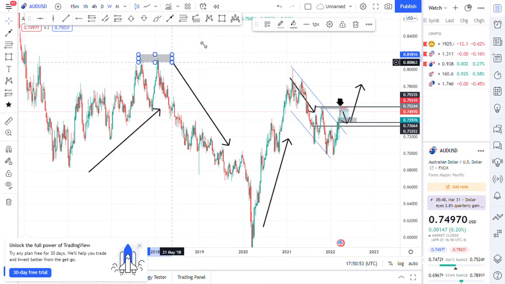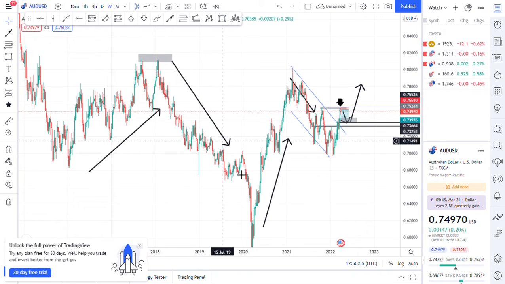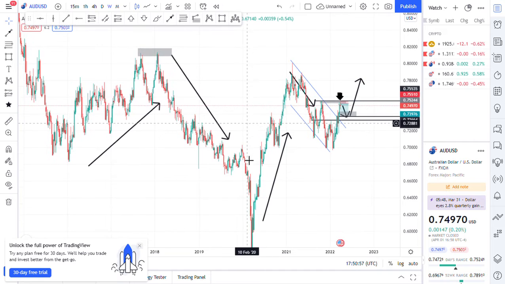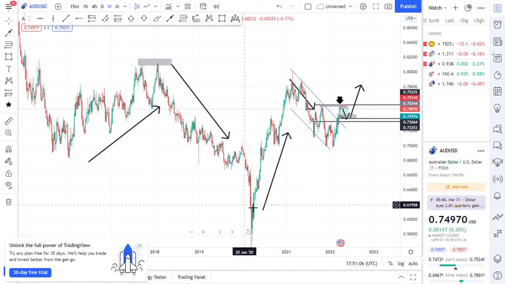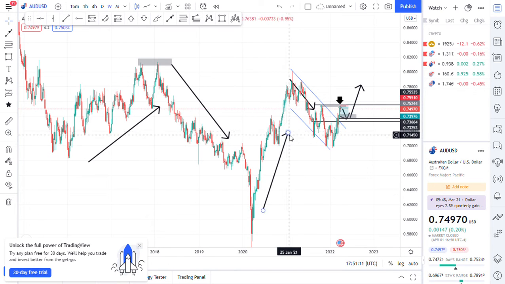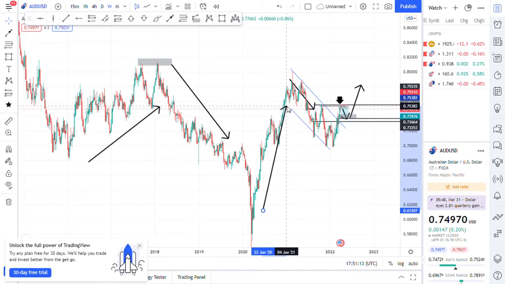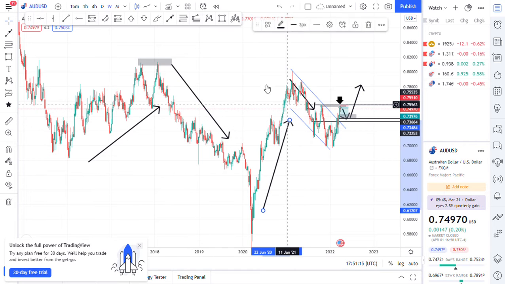Double top, then the push downwards, and basically this push here was because of the COVID-19 period where the economy was crazy and markets were really deep and crazy. Now we've had a corrective push to the upside to correct whatever was done there, and then we're now seeing a bullish flag pattern, a clean, very neat bullish flag pattern.